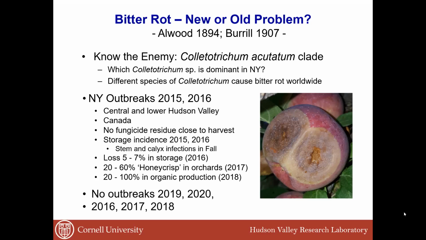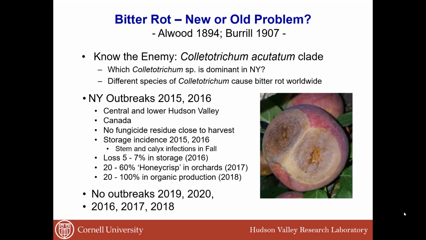And we did have issues with bitter rot in 2015 and 16. There was incidence of up to 5 to 7% of storage spots that were caused by bitter rot. We also heard from our colleagues in Canada that they had issues with bitter rot in the Ontario region.